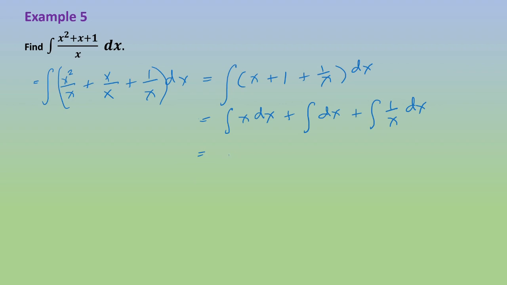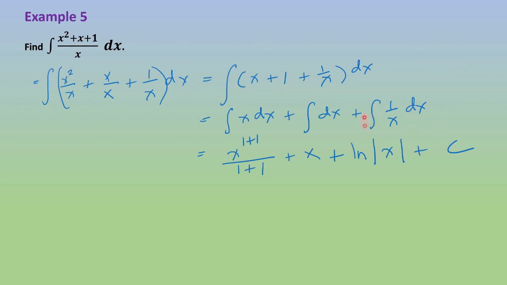So the integral of x would be x raised to 1 plus 1 over 1 plus 1, plus the integral of dx would be x, and then plus c, plus the integral of 1 over x is ln of the absolute value of x plus c.